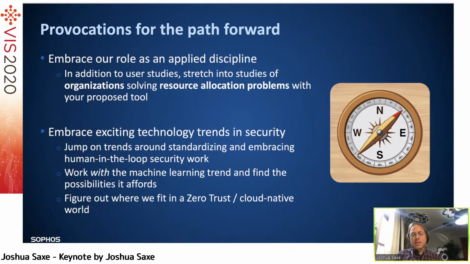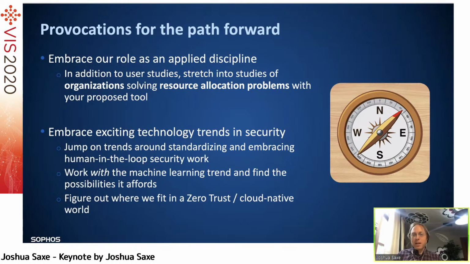So I think, as is probably totally obvious based on the things I've said thus far, we really need to go further in embracing our role as an applied discipline. And I think what this means is that beyond user studies, we need to start doing organization studies. We need to take organizations very seriously as sociological entities that are solving complex resource allocation problems.